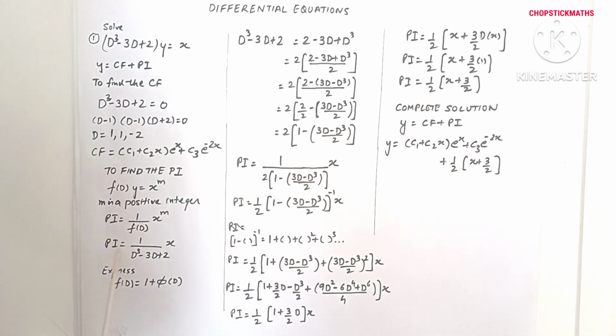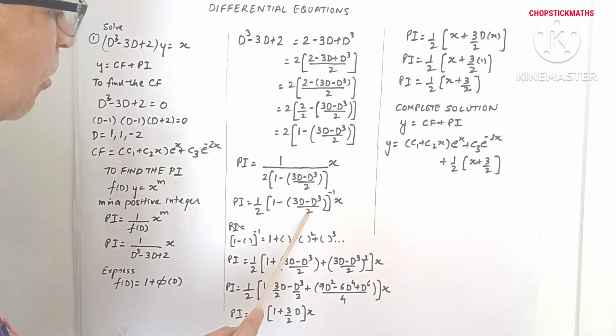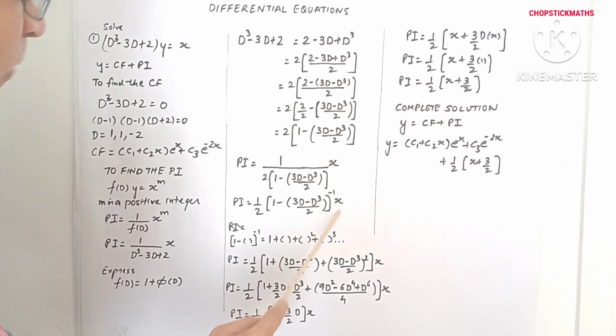So now we rewrite this as PI is equal to 1 upon 2 into (1 minus (3D minus D cube) upon 2) into x. Now we bring this up here. So this would be 1 upon 2 into (1 minus (3D minus D cube) upon 2) raised to minus 1 into x.